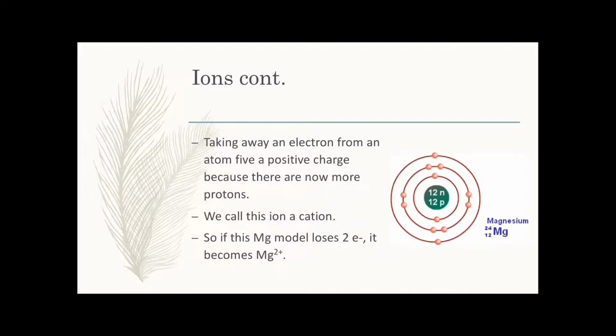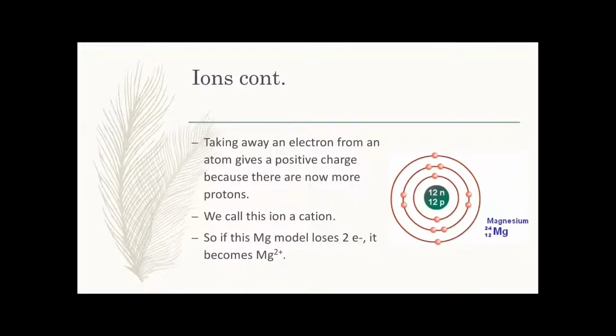All right, so taking away an electron from an atom gives it a positive charge, which means that there are more protons than electrons. Remember, protons are positive. So let's look at this magnesium one here.